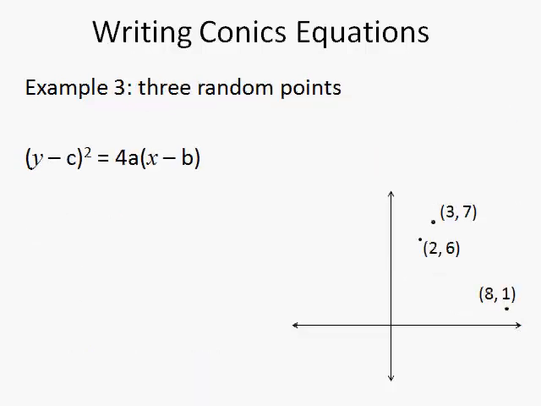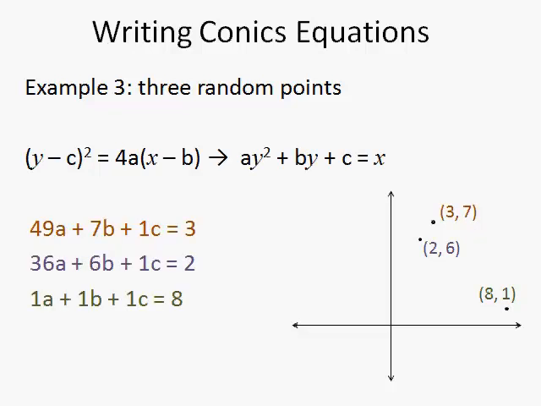If you're given 3 random points, such as this, then it is in fact possible to work out the parabola that goes through them, but it isn't really a conics question. Instead of using the conics form, we use the standard form, which is the expanded version, and we substitute our values in to the equation.